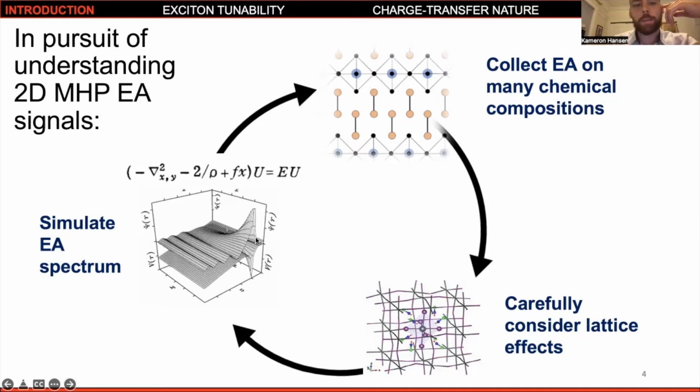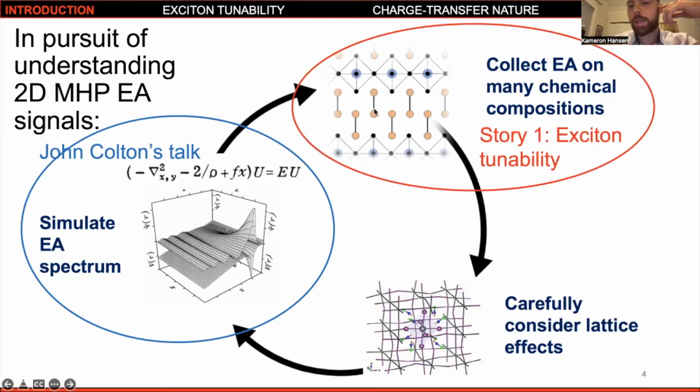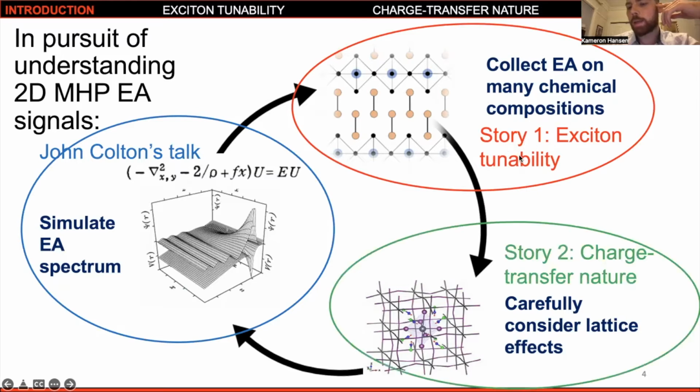So my collaborator, Dr. John Colton, has been talking about our work on the simulation side. And today I'll be talking about the difference in chemical compositions and the lattice effects as the last part of the presentation.